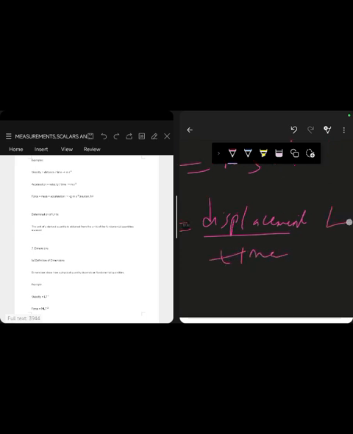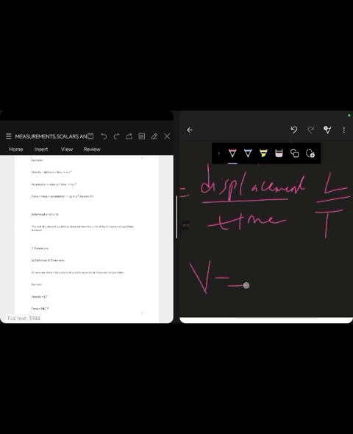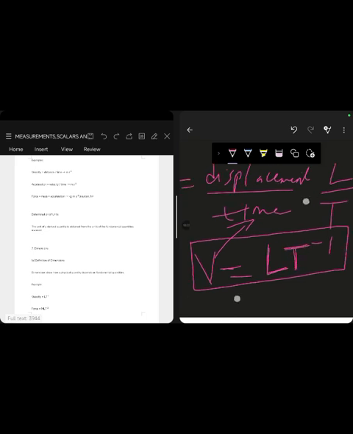Distance, right, which is a length, over time, which is t. So the dimensional analysis of velocity is going to be L over t, which is L t raised to the power of minus 1. So by doing this, I'll be able to show that velocity, which is a derived quantity, is dependent on length and time. And this is also used to verify formulas, so that's for a different scope.